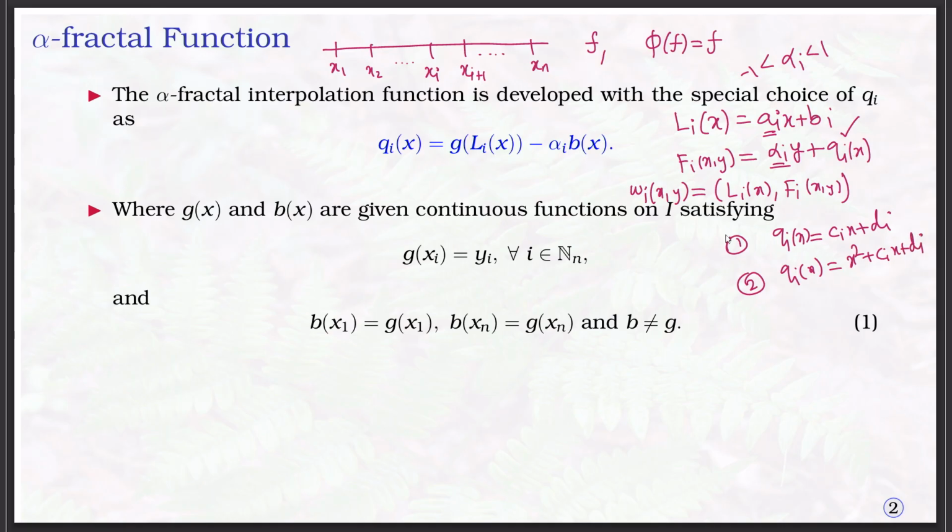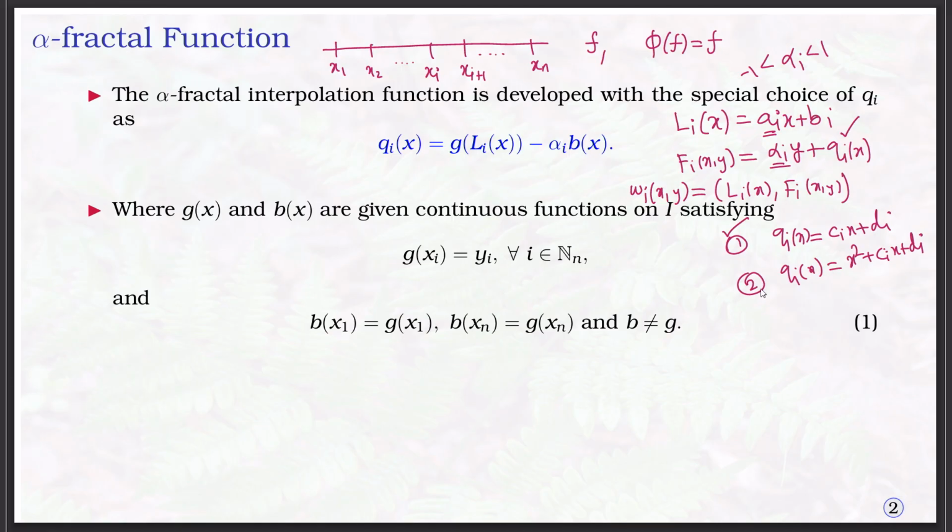When Qi is taken as the linear form, it is called the linear interpolation function or affine interpolation function. This is the affine map, and when 2 is taken as the quadratic form of the special form, then it is called the quadratic interpolation function.